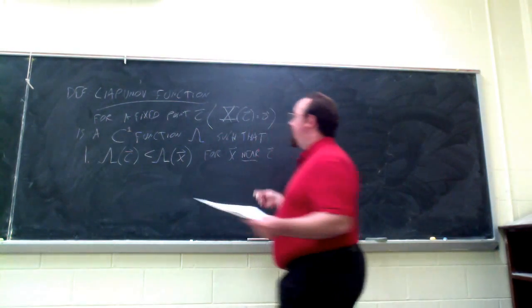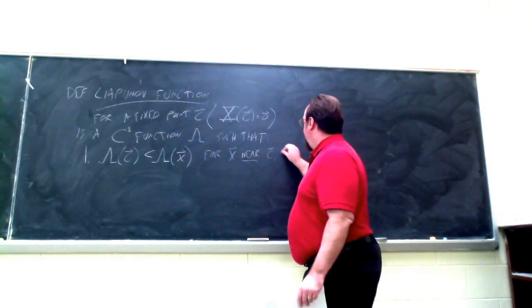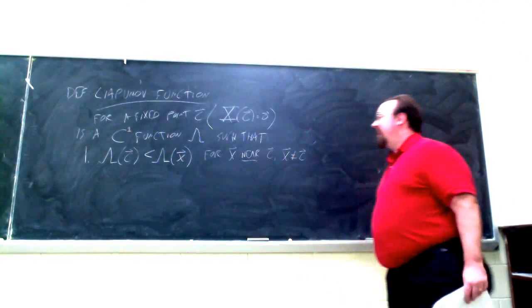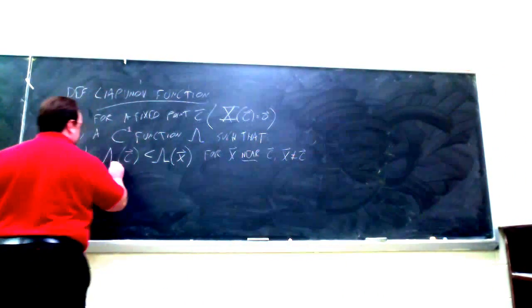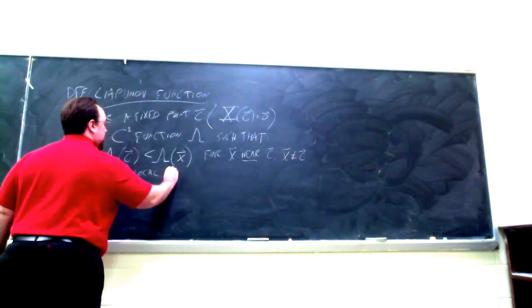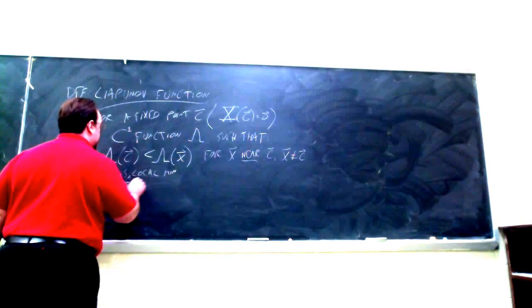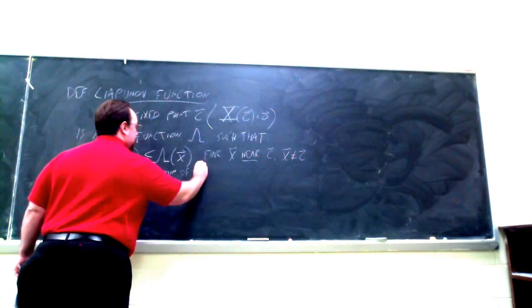So there has to be some neighborhood of your fixed point, such that on that neighborhood, if you look at points near C, but not equal to C, so more intuitively, C is a local min. I should say a strict local minimum, because it has to be strictly less than.